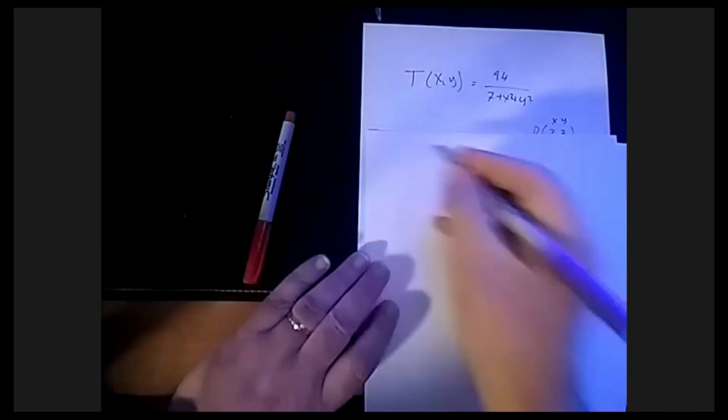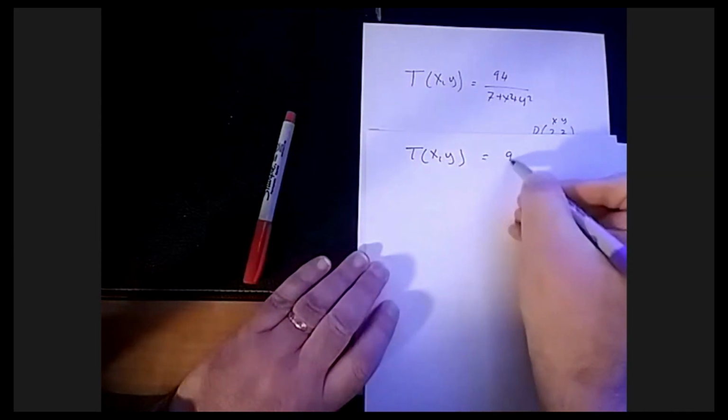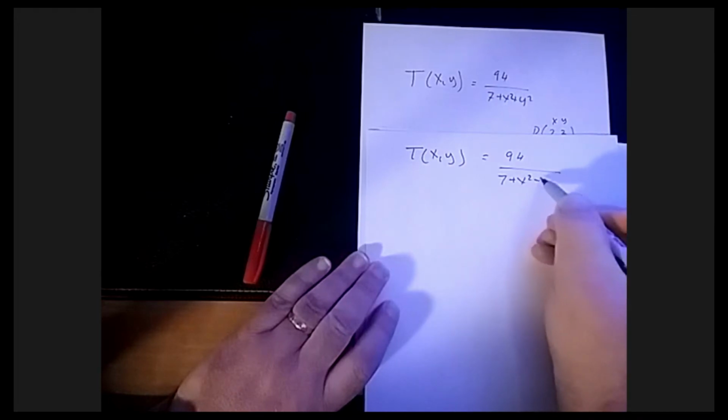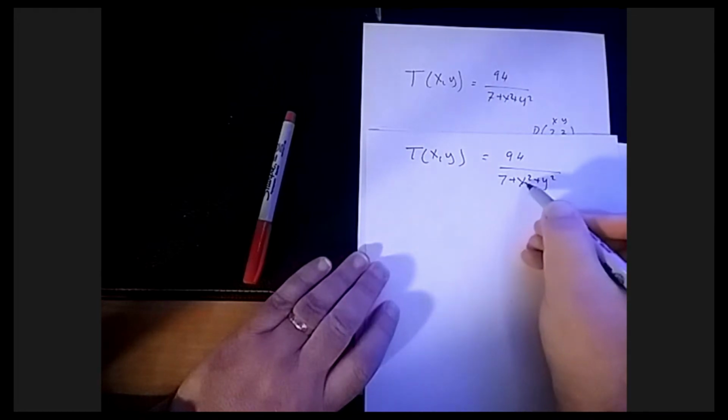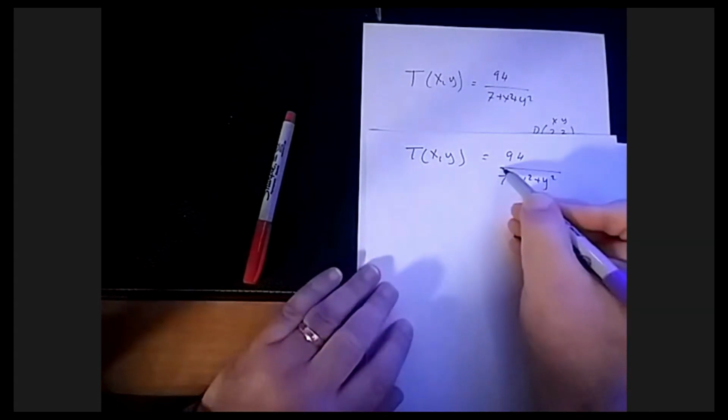So let's look at the process of how you would find these two different partial derivatives. Now, there are two ways to do this. Both end up being the same answer.